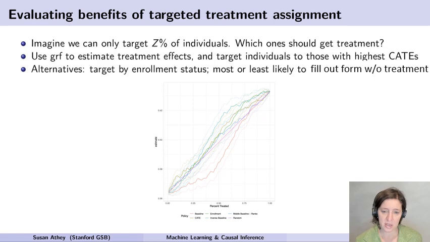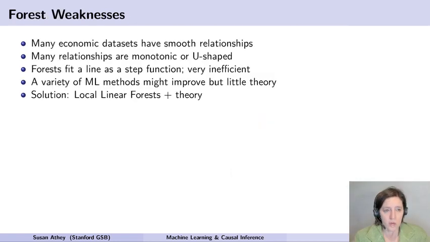So summarizing, this picture is sort of showing how you can use something like a CATE estimate as an input to something else, in this case, targeting people for text messages. So I've shown a bunch of examples of forests for causal effects. Now, they're not the only method that can be used, and indeed, they may not be the most appropriate in every circumstance. For example, many economic data sets have smooth relationships.